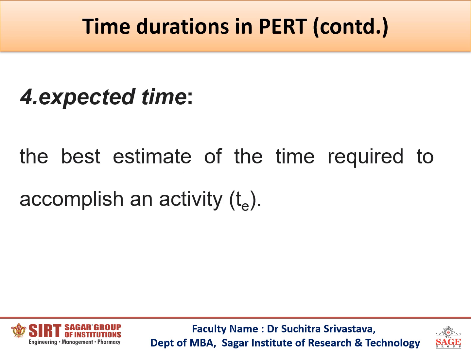Now, with the three estimates of time, that is the optimistic time, the pessimistic time, and the most likely time, we compute the expected time of an activity. This estimate of time is used to construct the network. Expected time is basically the best estimate of time required to accomplish an activity.